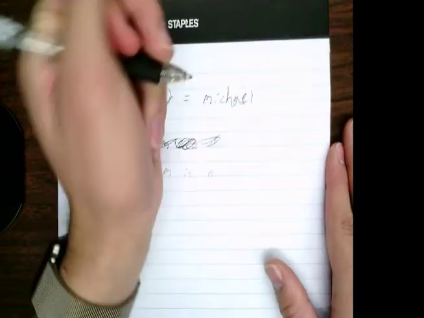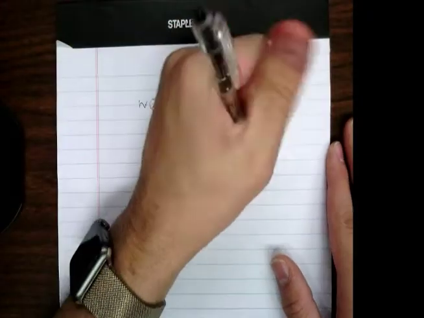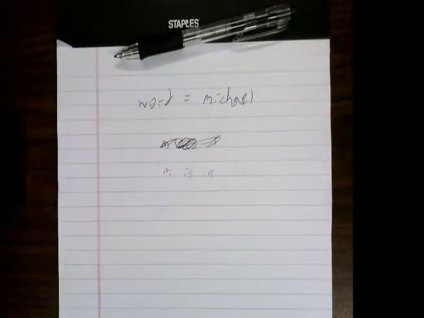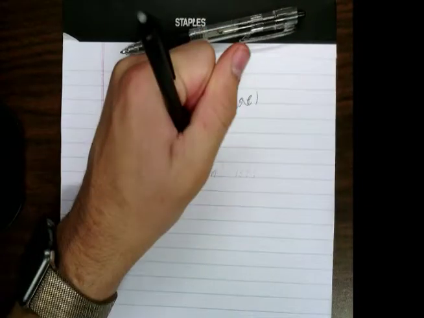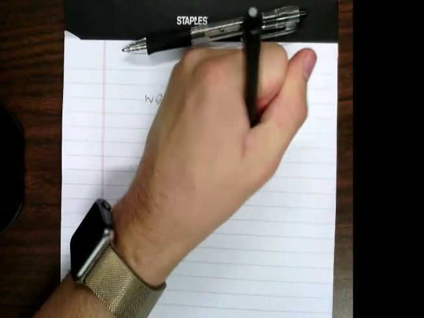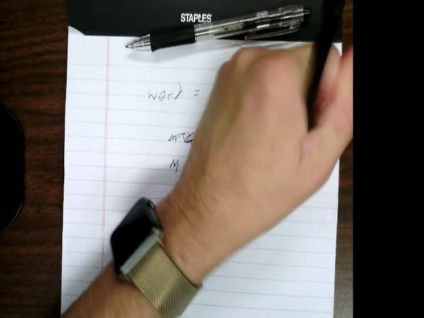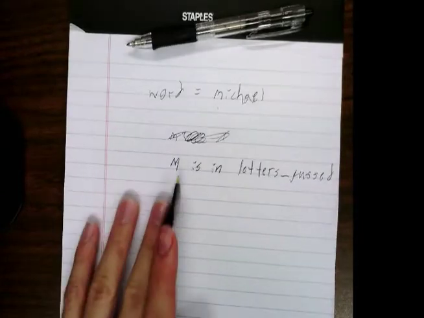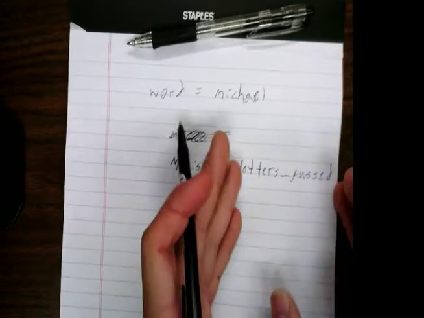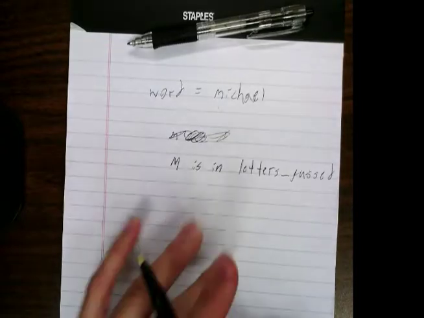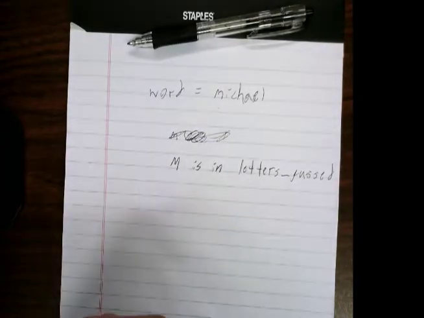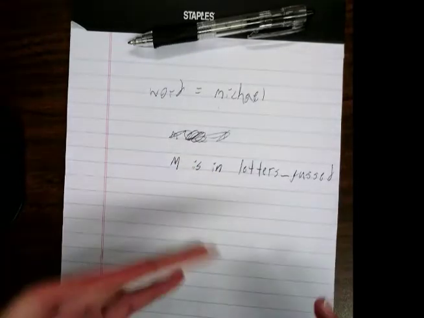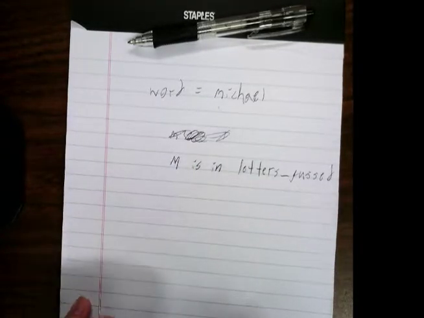letters guessed. My pen's running out, one sec. If M is in letters guessed, so if M is in the set of letters that we've already guessed, because we know letters guessed is a list of all of the letters we've ever guessed so far.